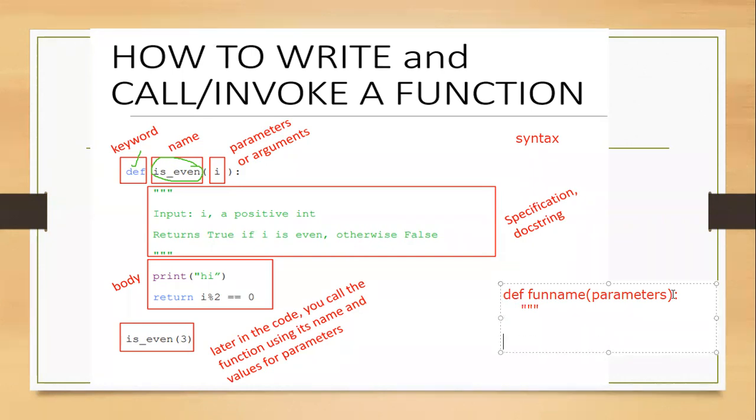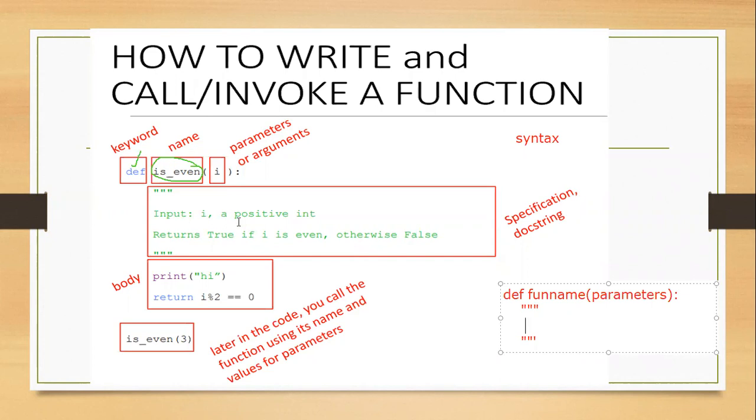There are 3, and then again you put the 3, and your docstring goes inside here. So this is where you explain what we need to do with your function. So for example, mine says input I.